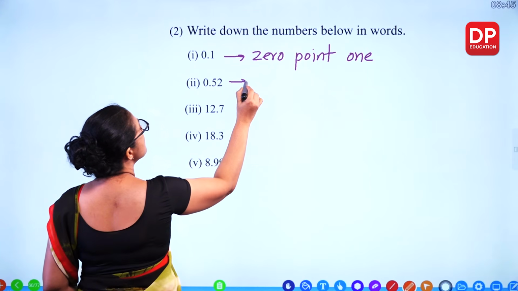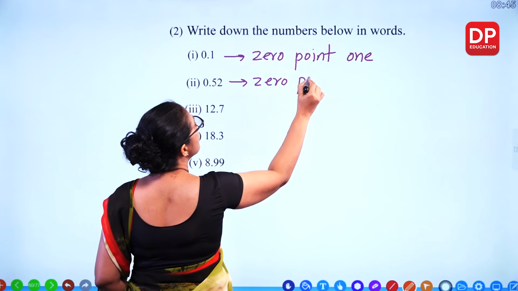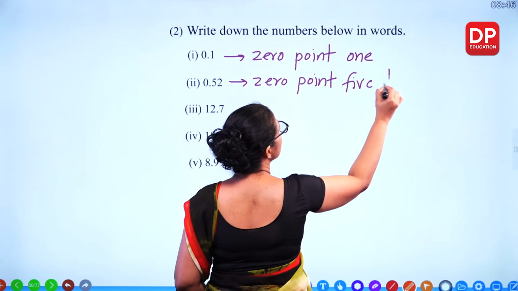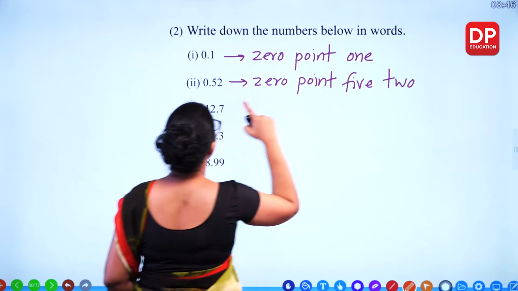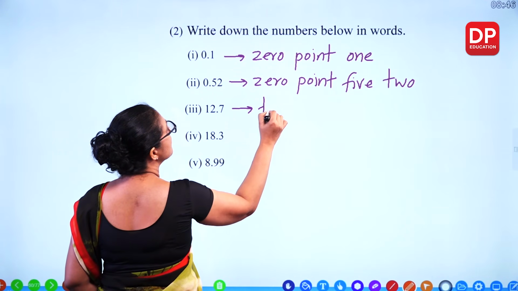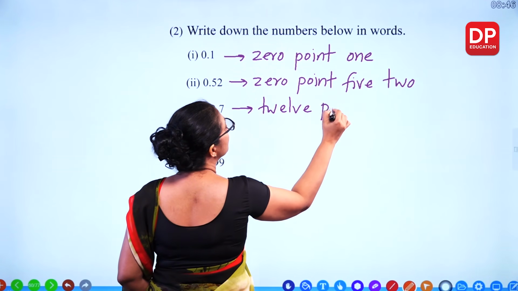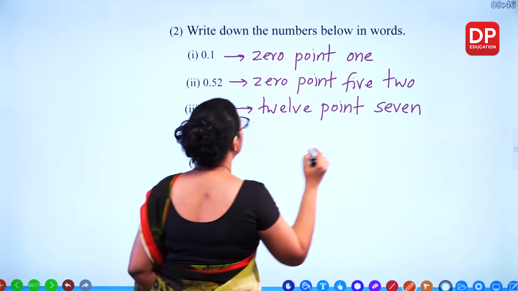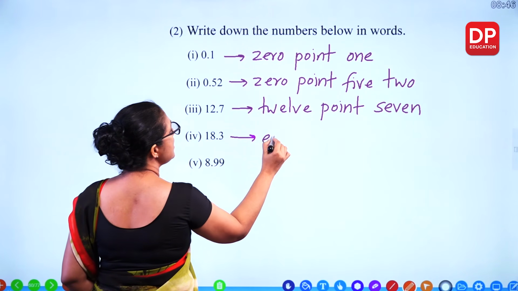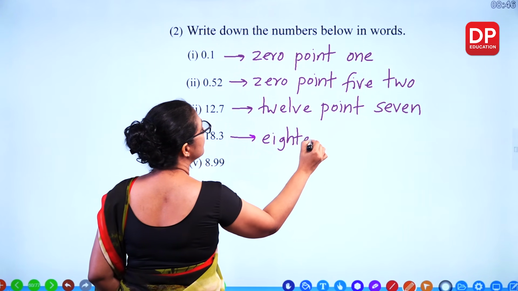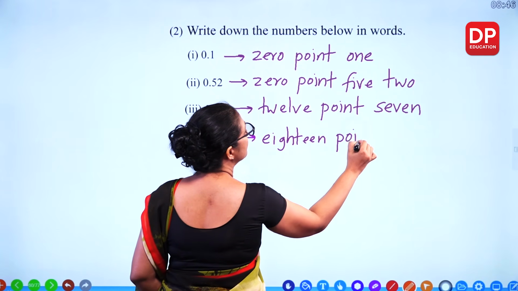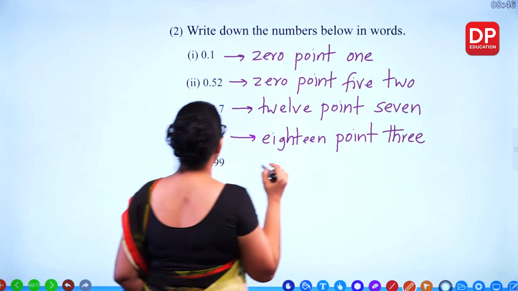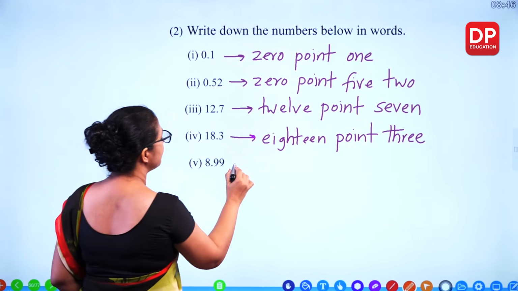This one, 0.52. 12 point 7. 18 point 3. 8.99.